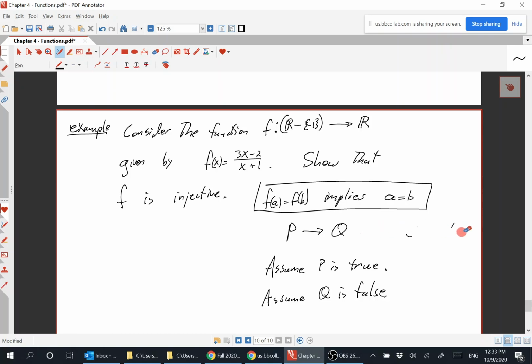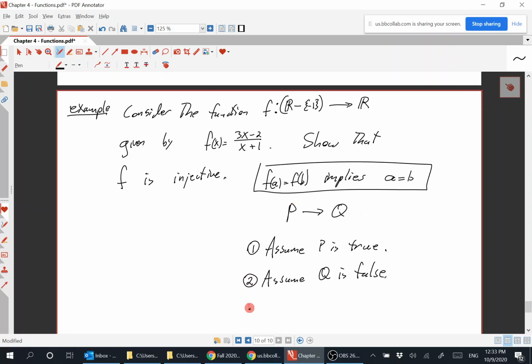So when you're trying to prove an implication statement, your first sentence is this, or this, or, by way of contradiction, assume P and Q not. One of 3 sentences.